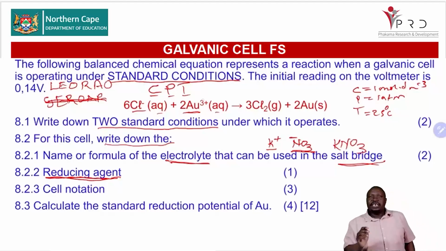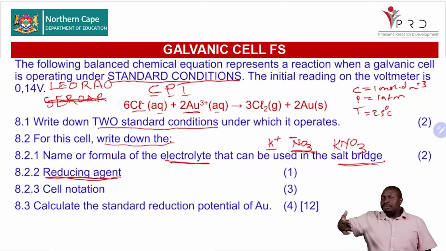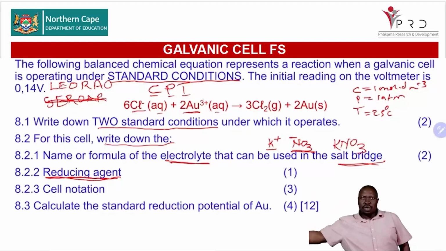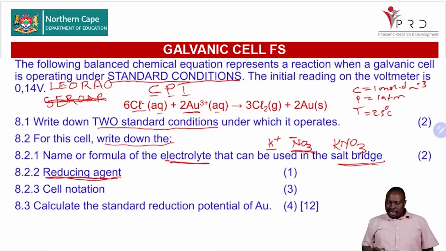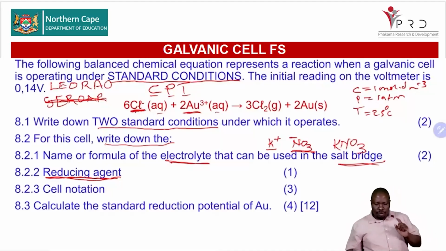When it's 3+, it shows that it became 3+ by losing electrons. So it's a stronger oxidizing agent, while the chloride ion is your stronger reducing agent. Remember, we said on the left of the reaction, or the reactant side, we always have a stronger reducing agent and a stronger oxidizing agent. So you won't forget that.